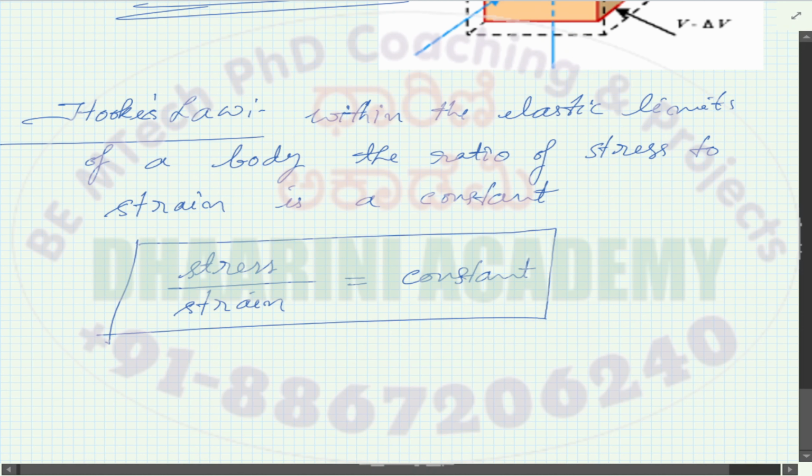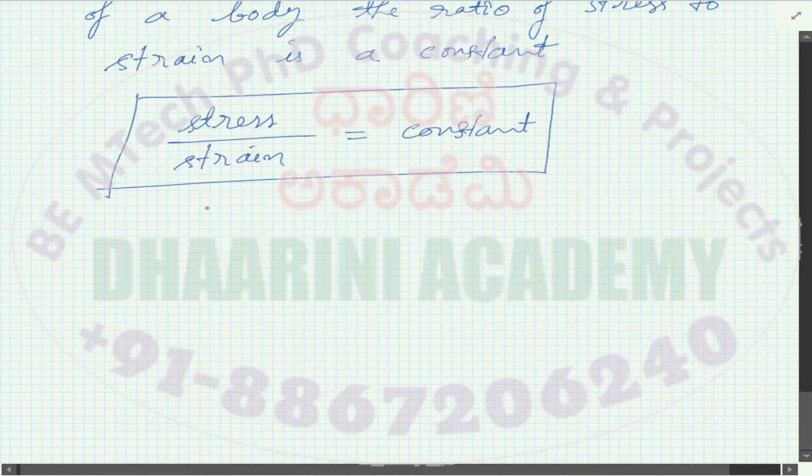Now, this ratio is actually called the modulus of elasticity or elastic constant. It depends upon the different material characteristics. If it is perfectly elastic, you have a specific ratio. If the material is non-elastic or inelastic, it's going to be a different value.